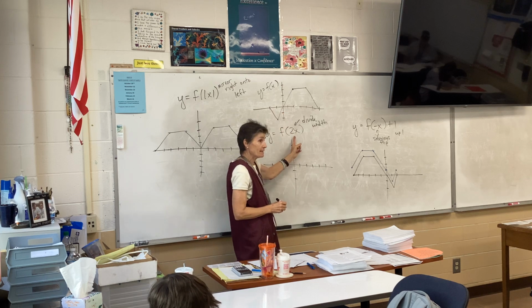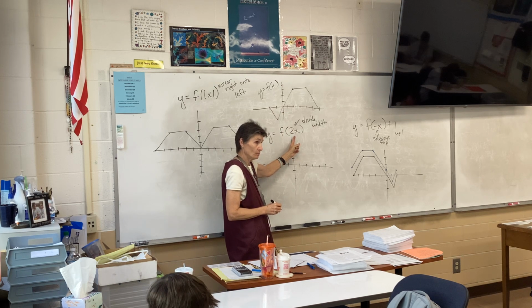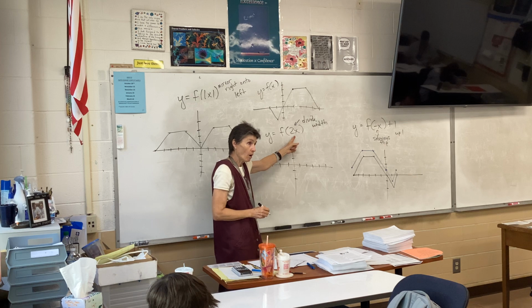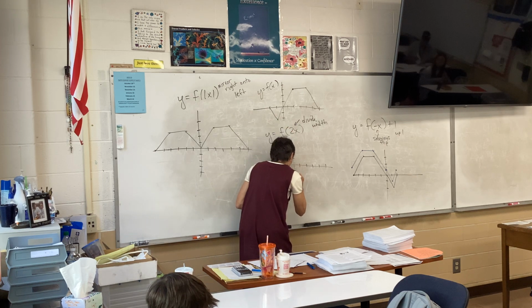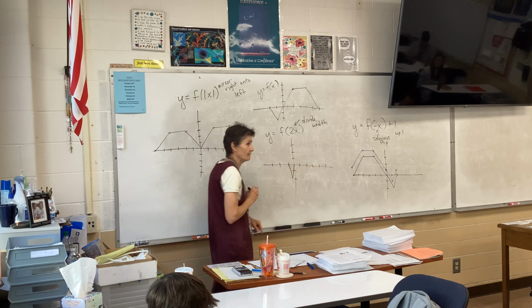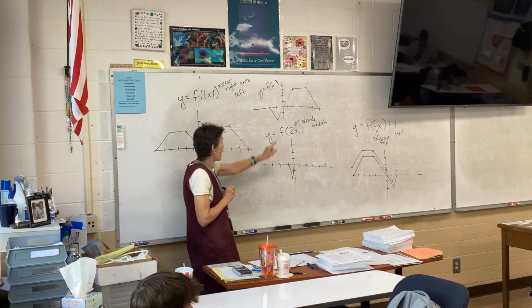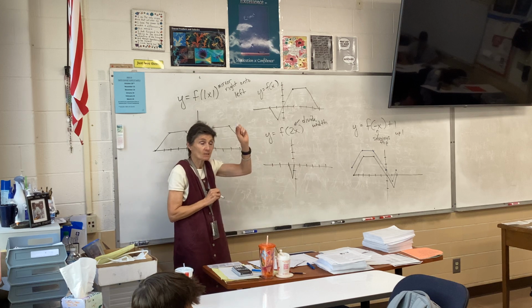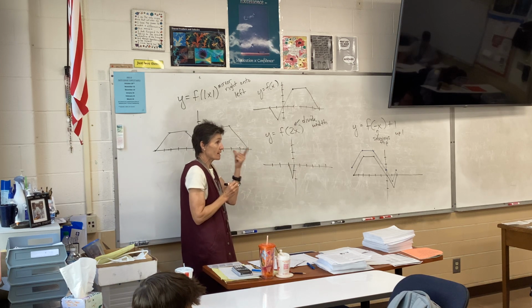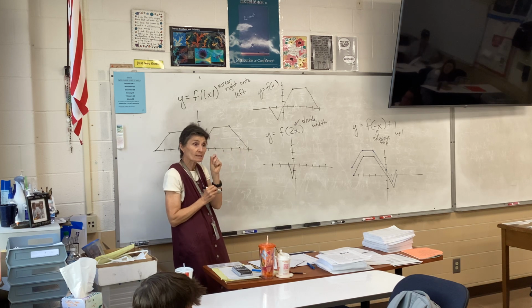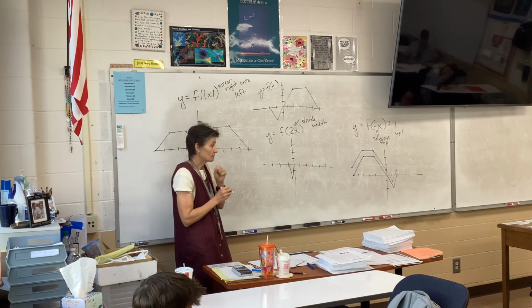We're going to divide it by 2. So now you're going to draw that triangle, but it's only 1 block wide. That number divides the width. So instead of being 2 wide, now it is only 1 wide.